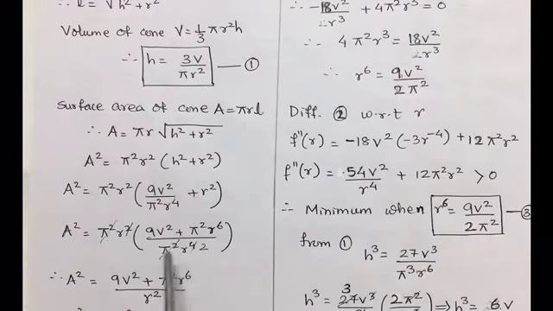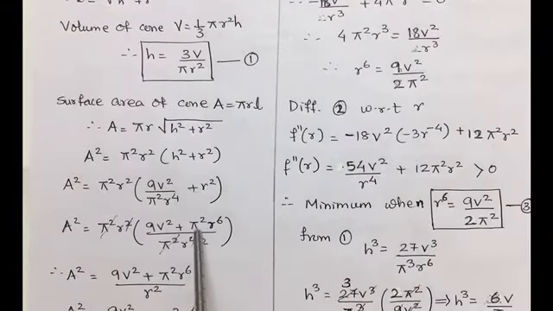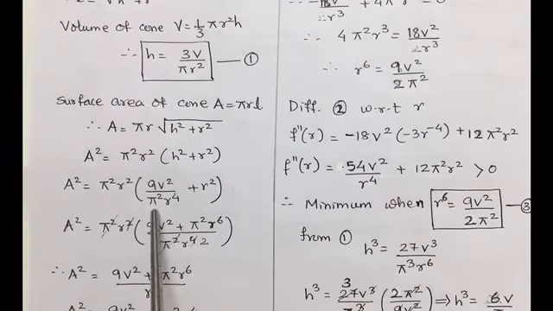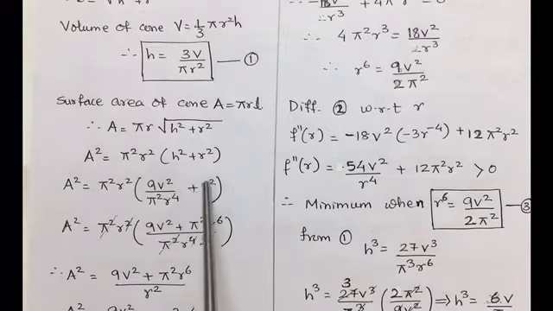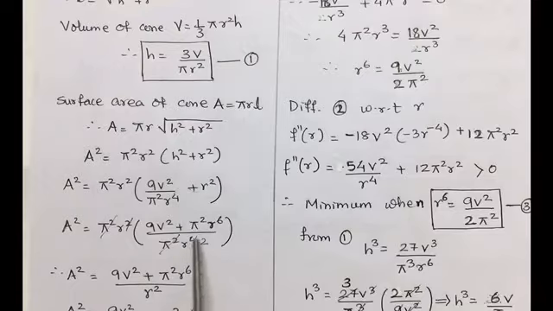Taking LCM, we get A square is equal to pi square r square into 9V square plus, multiplying pi square r raised to 4 with r square as an LCM, we get pi square r raised to 6, divided by pi square r raised to 4.